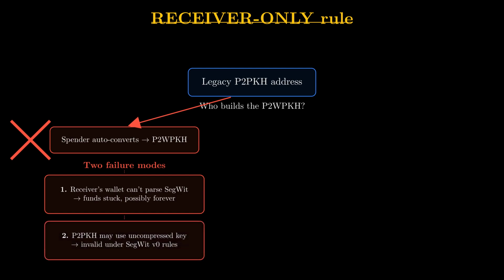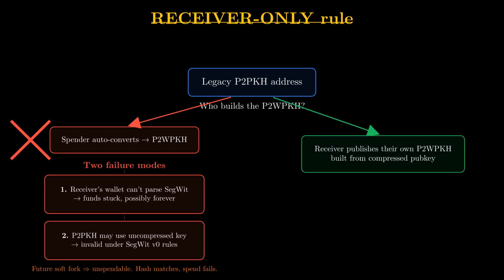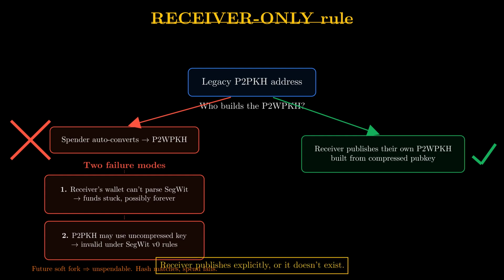Second, P2PKH addresses can be derived from uncompressed public keys, and SegWit consensus rules forbid uncompressed keys in version 0 programs. A future soft fork could render such outputs unspendable. The hash matches, but the spend would fail. Bottom line, never derive a SegWit address from someone else's legacy address. The receiver publishes their SegWit address explicitly or it doesn't exist.